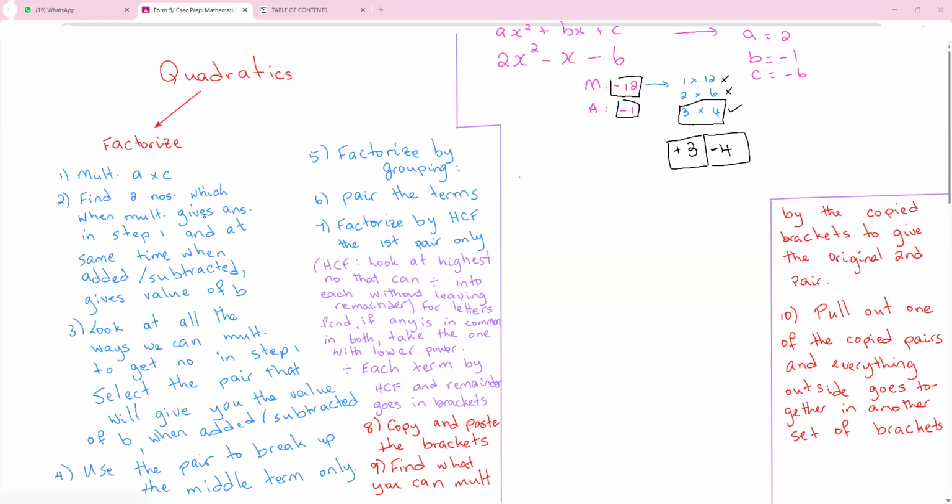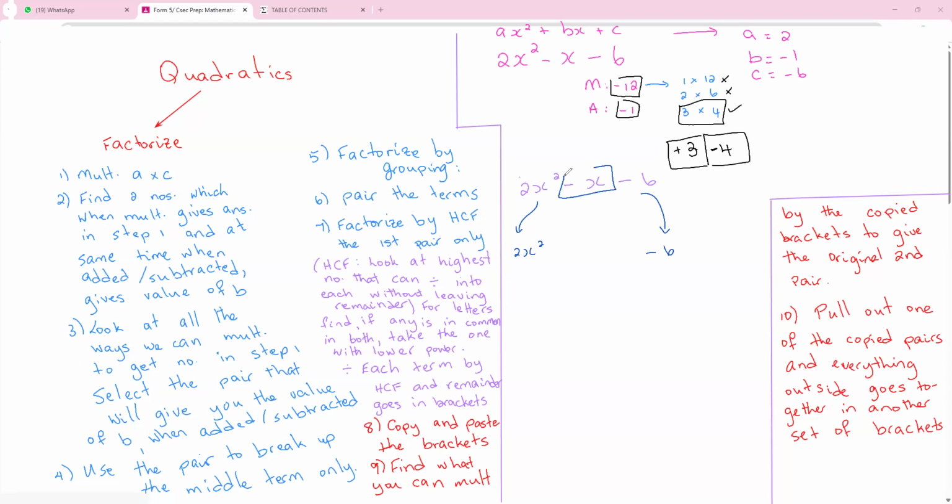So step 4, you use that pair of numbers to break up your middle term only. So remember, it was 2x squared minus x minus 6. So your first term stays as is. Your last term stays as is.